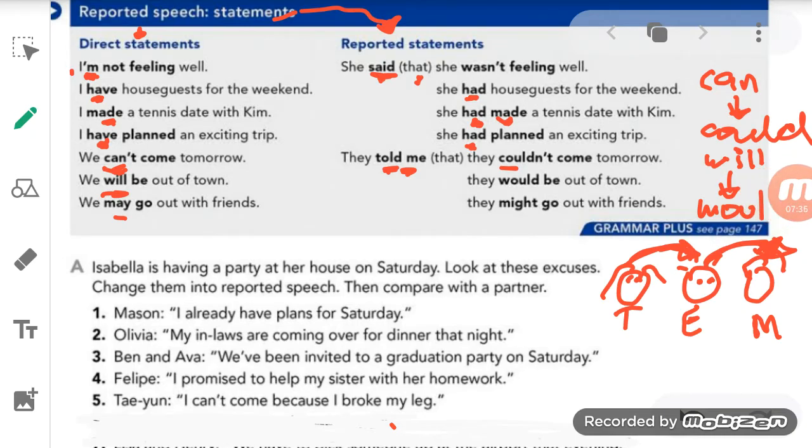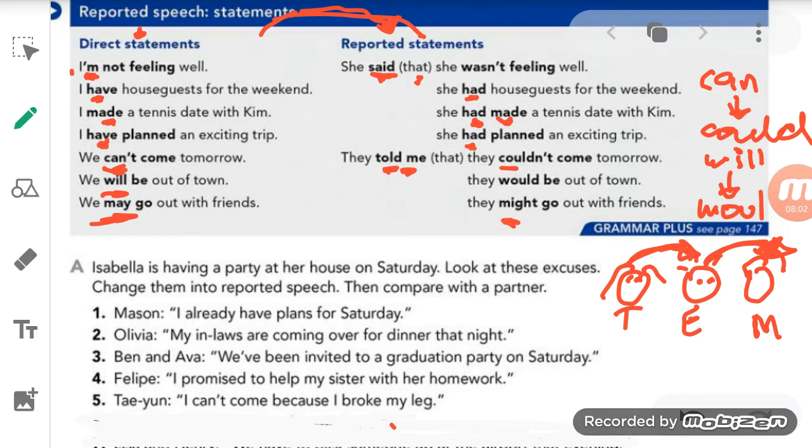Now when you have may, we may go out with friends. May is when something is possible, like you have a possibility to do it. We may go out with friends. They might go out with friends. If the original sentence is with may, then when you transfer the information, you use might.